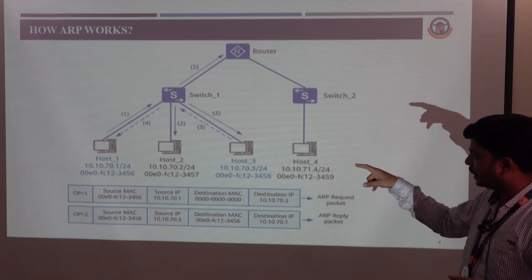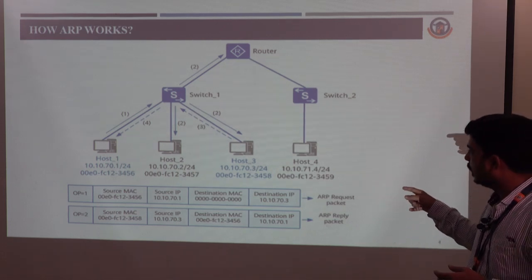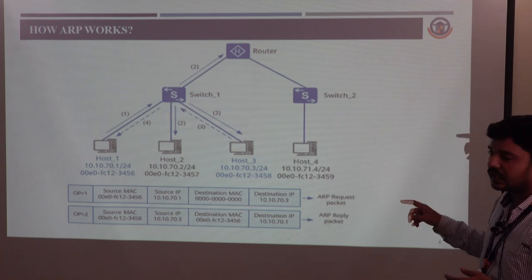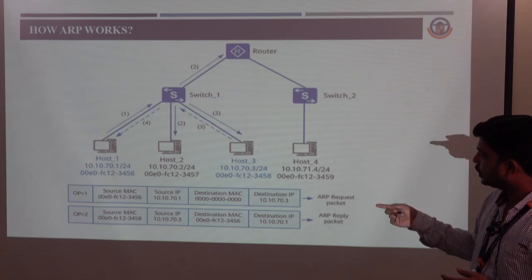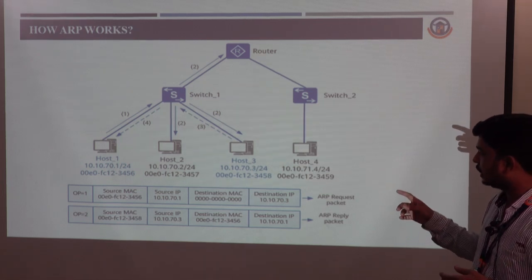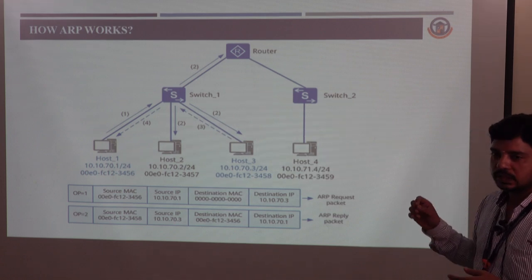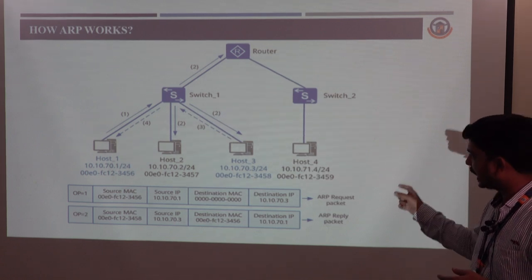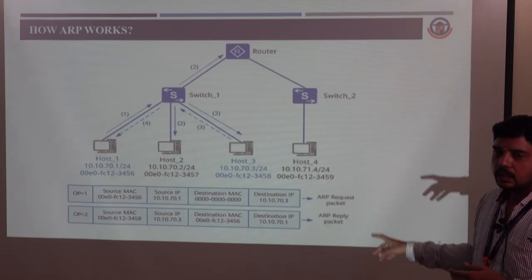In the ARP request packet, host 1 is asking who is IP 70.3. At the time of reply, host 2 will reply, no, I am not 70.3. Host 3 will reply, yes, I am 70.3. At the time of the host 3 reply, it carries the MAC address of the host 3 computer.